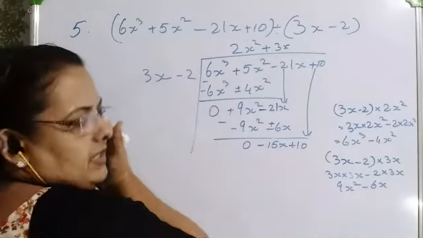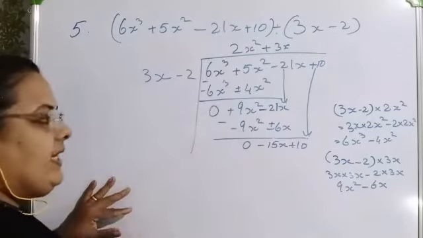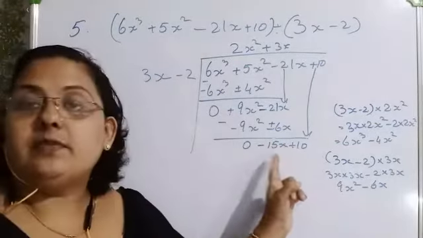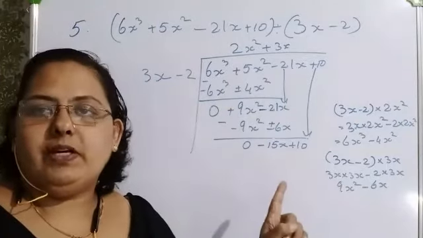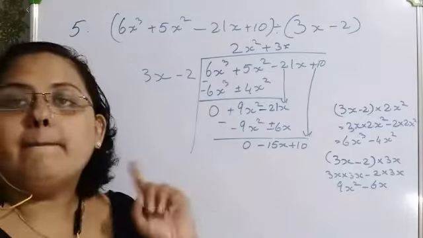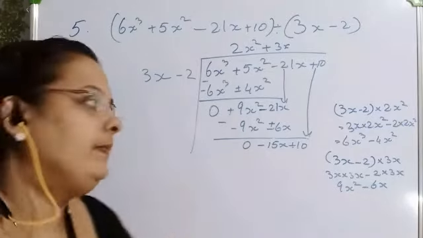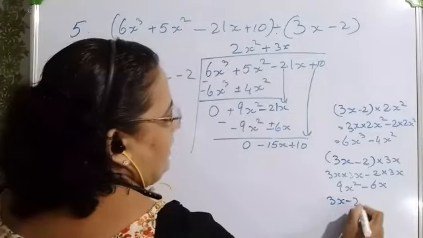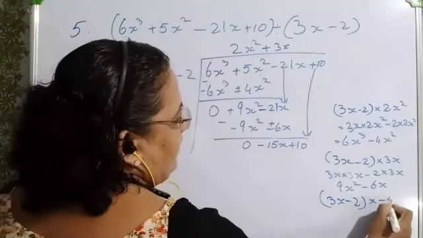Again 3x, with what you have to multiply to get minus 15x. Here it is 3x, here it is minus 15x. So what should be multiplied there? You have to multiply 3x minus 2 with minus 5. See, so here 3x minus 2 multiplied with negative 5.